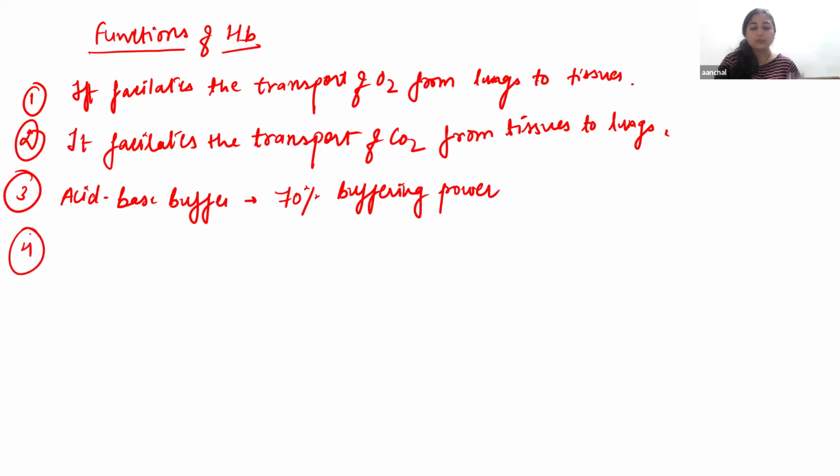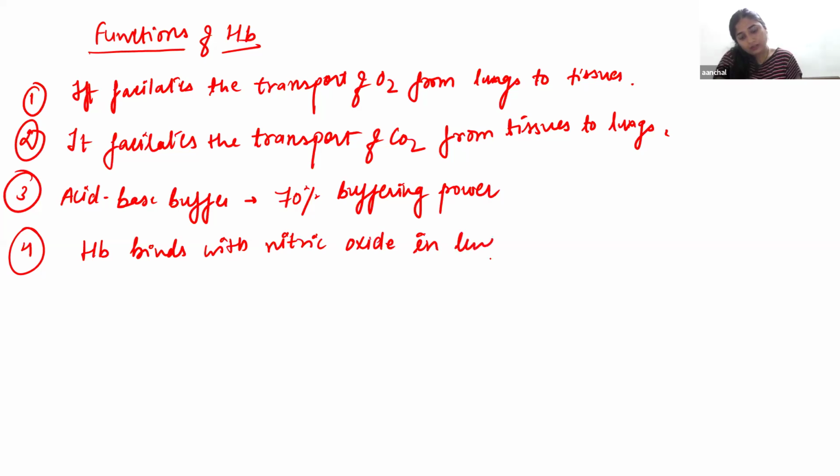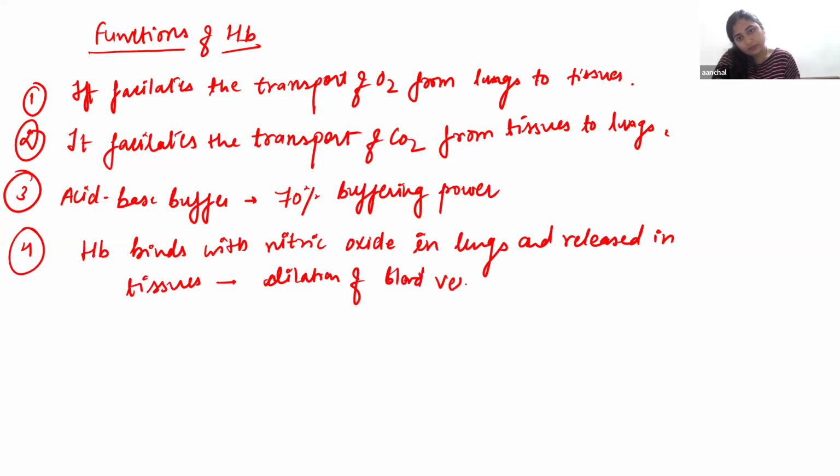Next, hemoglobin binds with nitric oxide in the lungs and releases it in tissues, where it helps in the dilation of blood vessels. So these are the main functions of hemoglobin.